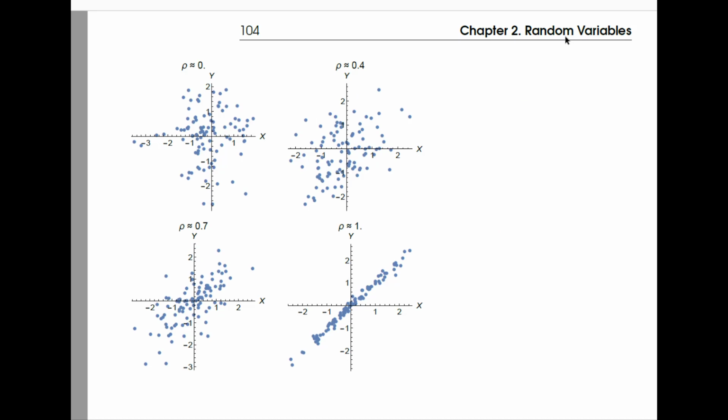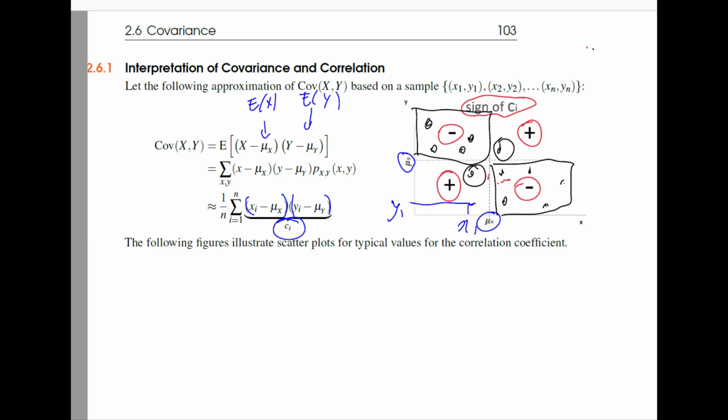Okay, so these are a few examples to give you an idea of correlation in this case, which goes from negative 1 to 1. These are all positive correlations, so from 0 to 1.